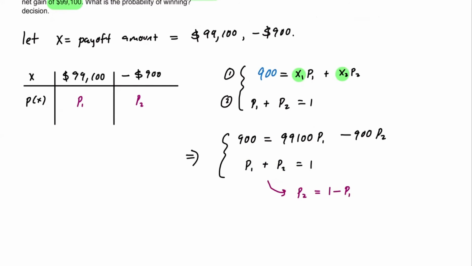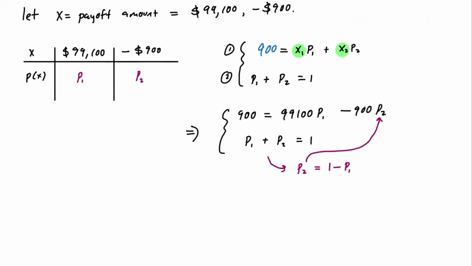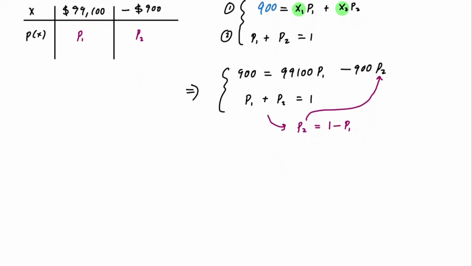Now I'm going to substitute that into equation 1 so that I can solve for P1, since that's what we're after. So then we have this equation to solve: 900 is equal to 99,100 P1 minus 900 times P2. Well, P2 we know is 1 minus P1. And then we just solve that algebraically.